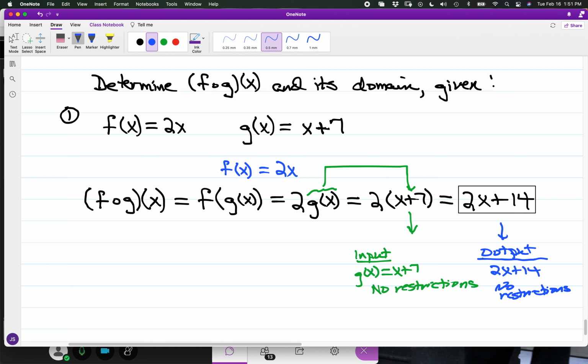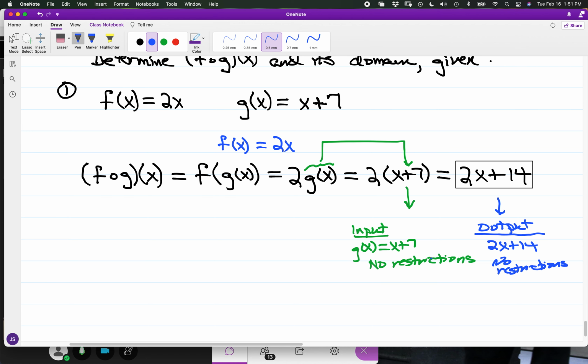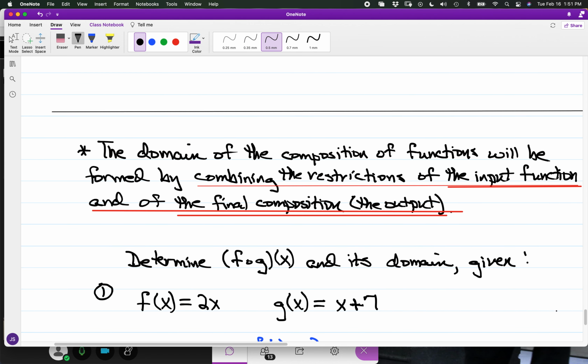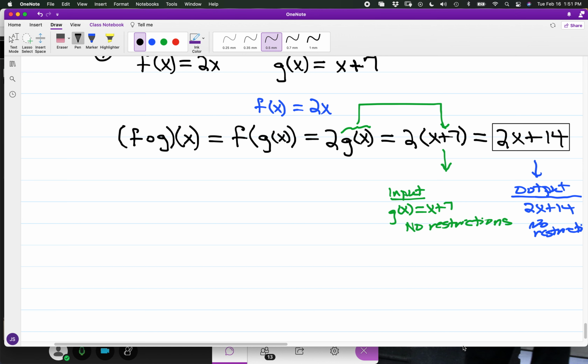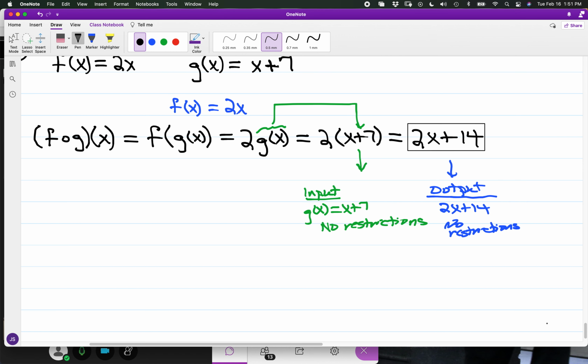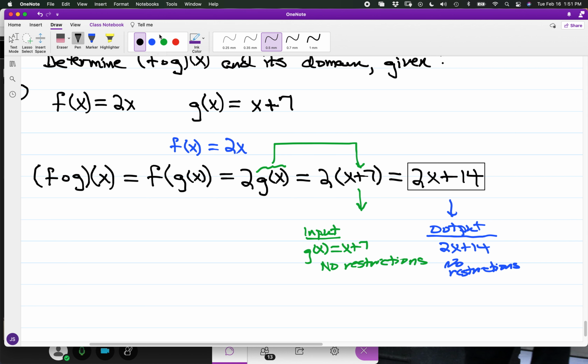And so it's going to follow that since there are no restrictions at all between the input and the output, for the domain of f composed with g of x, that's going to be the set of all real numbers.